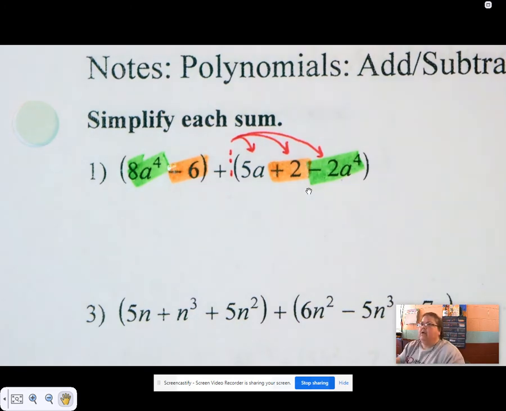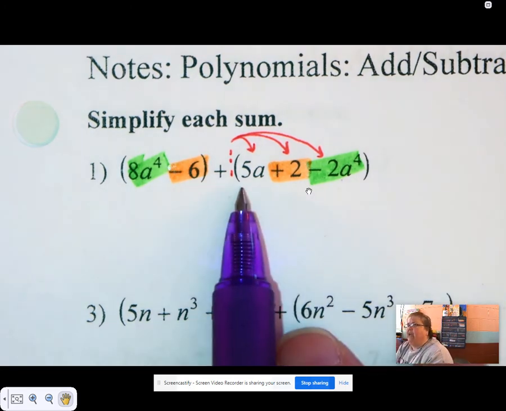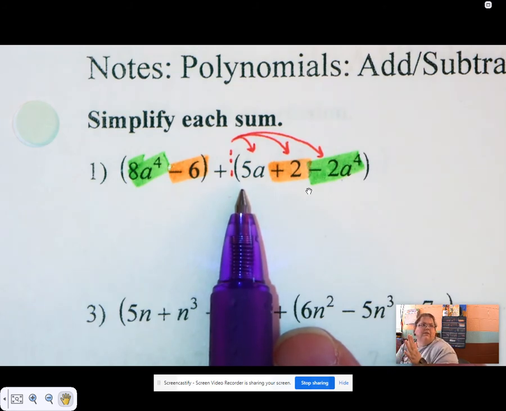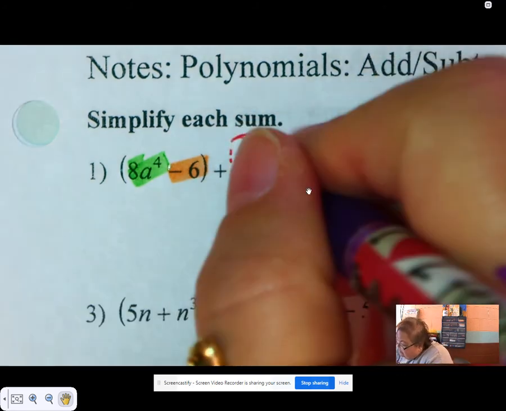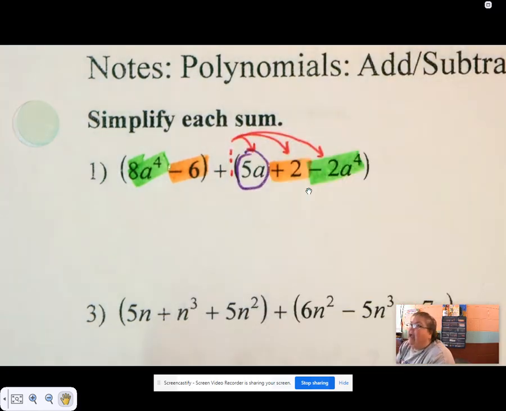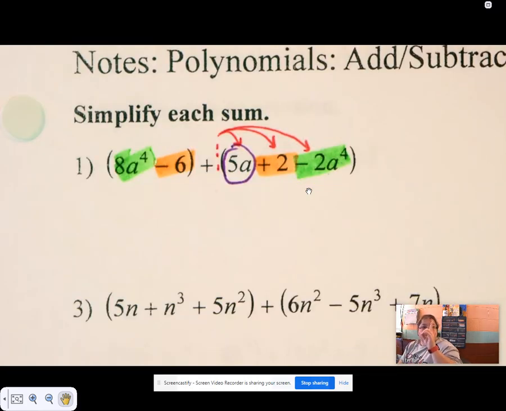Okay? Now, I have a 5a right here, and there are no other a's, right? So he just kind of stands alone. So I'm going to circle him. And I'm going to tell you why, because if I don't, I will forget to put him in the answer.